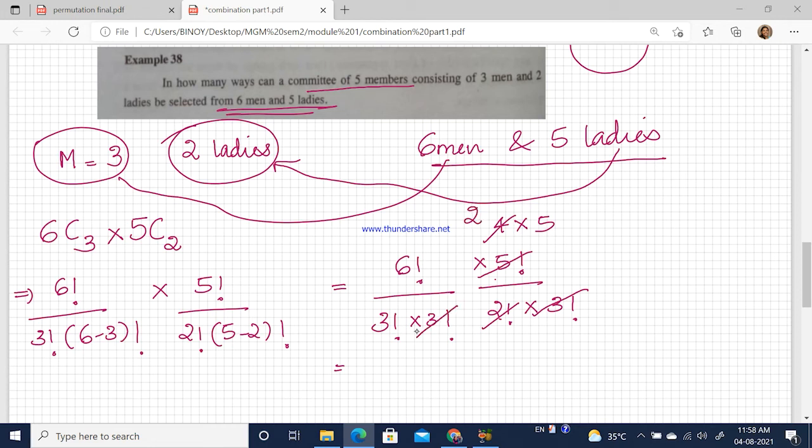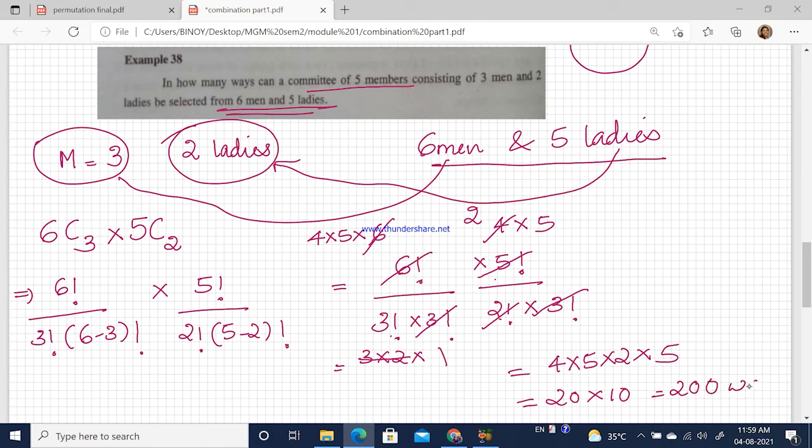Then you cancel the 3 factorial with the 6 factorial, so it will be 4 into 5 into 6. 3 factorial means it is 3 into 2 into 1, so you can cancel these 2 with the 6 again. So it is 4 into 5 into 2 into 5. That is 20 into 10. So in 200 ways.